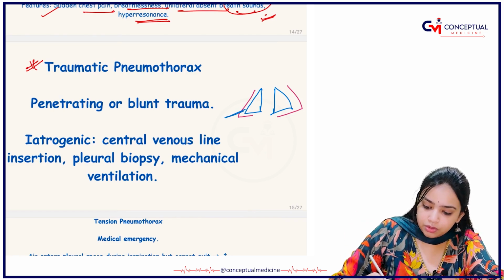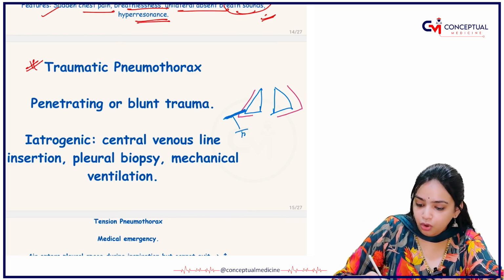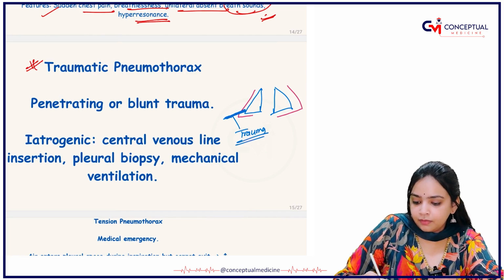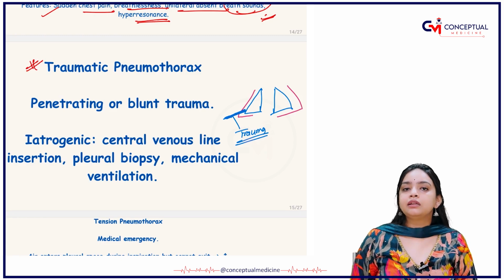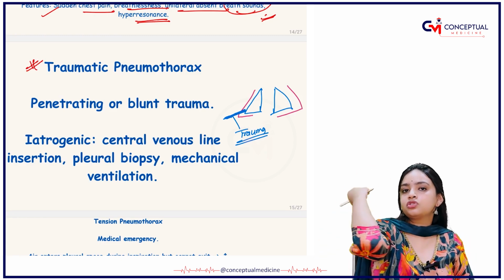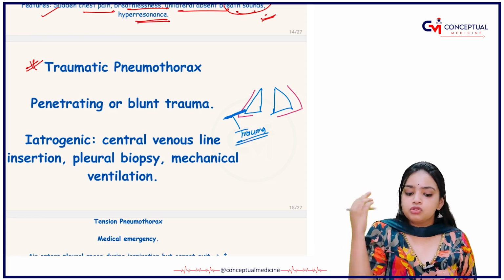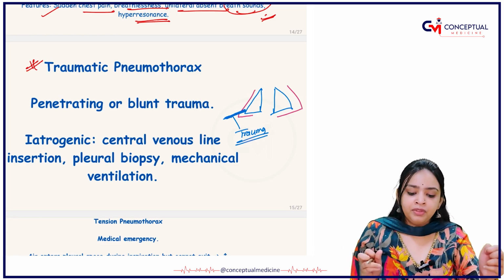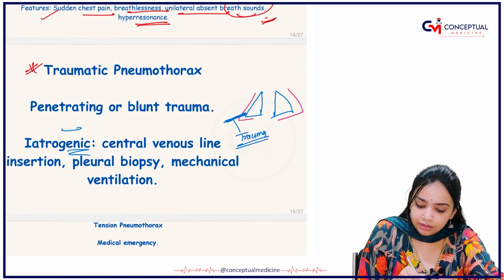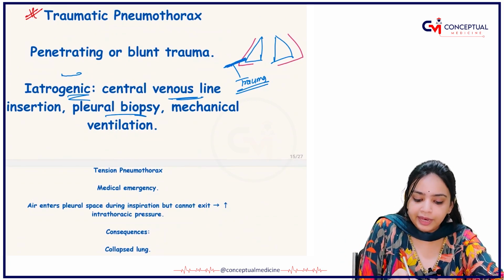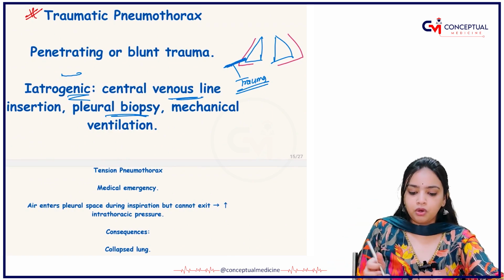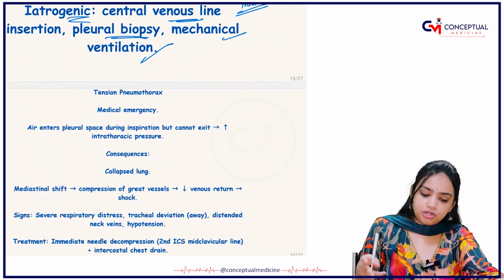Somehow now injury or trauma, like you were fighting with someone and that someone just took a knife and stabbed you with the knife, right? So that is due to a trauma. It can be either iatrogenic, like while inserting the central venous line, right? Or while doing the pleural biopsy or mechanical ventilation.